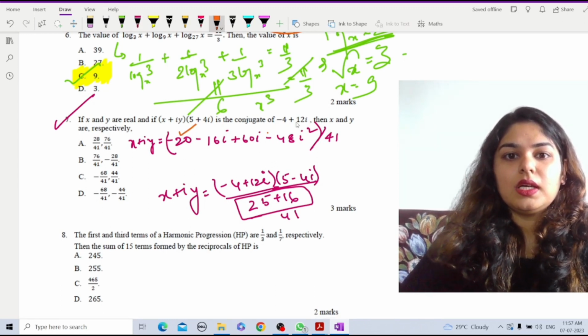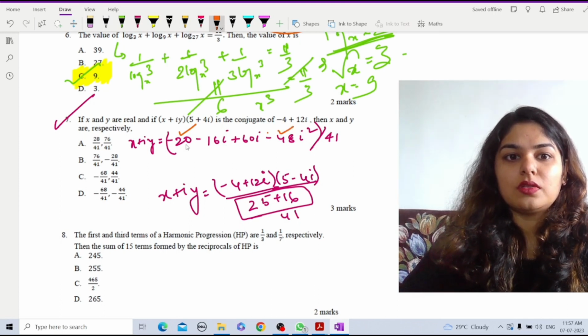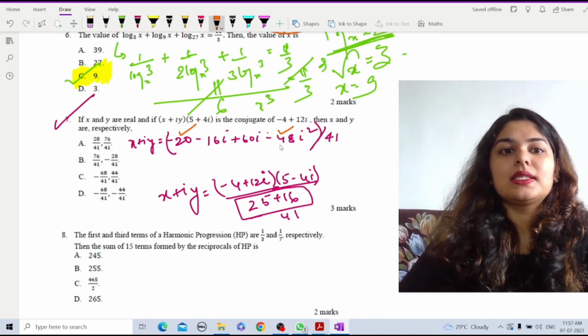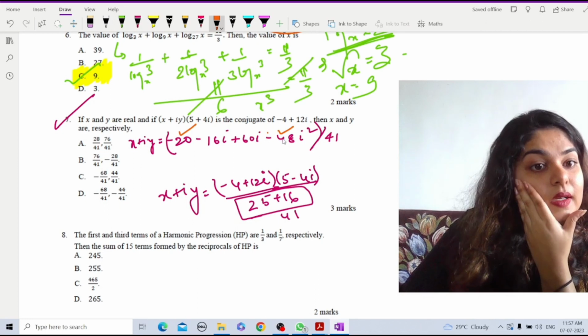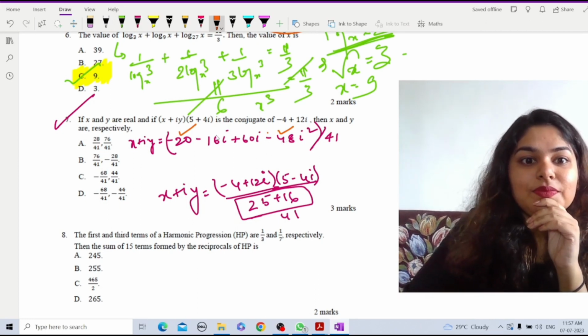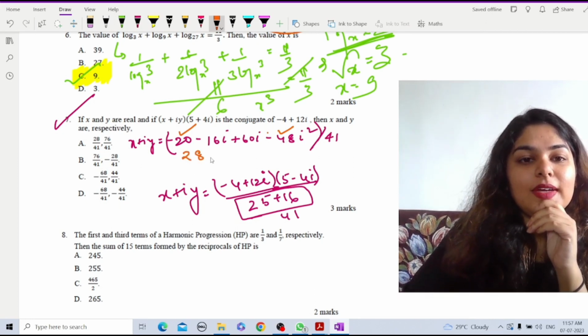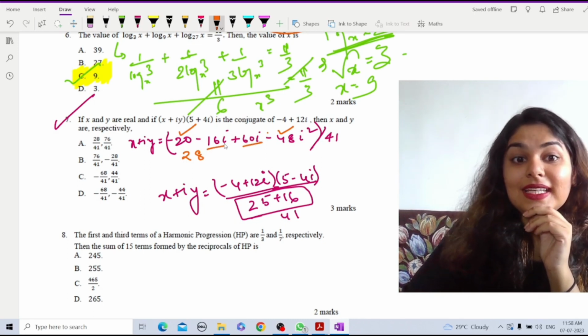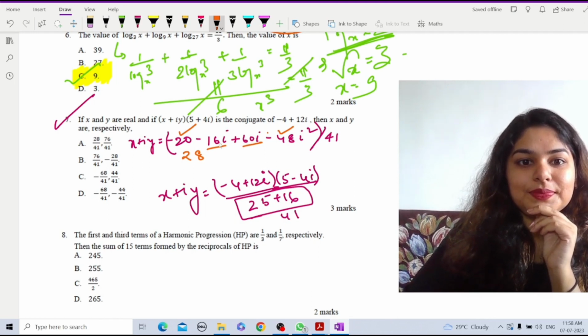Minus 20, and i square is minus 1, so minus minus plus 48. So minus 20 plus 48 is 28, right? And this is 60 minus 16, that is we have here 4.